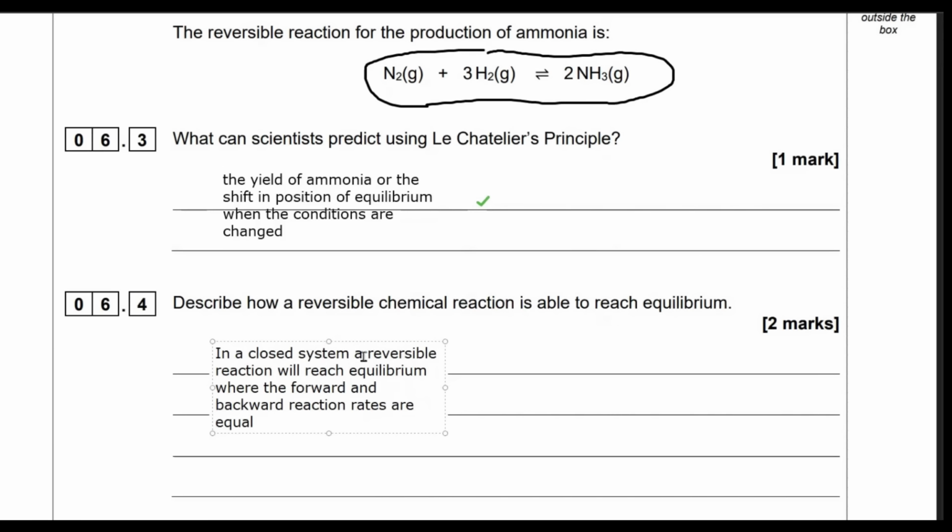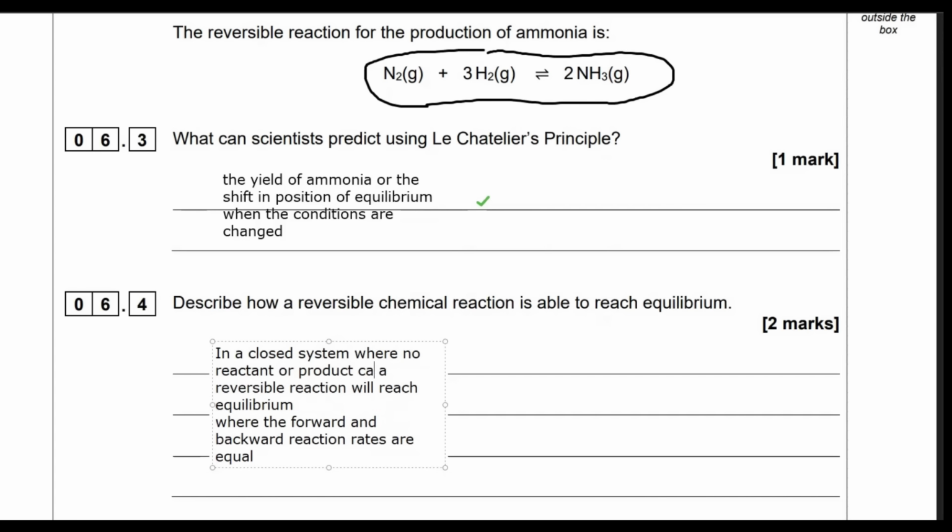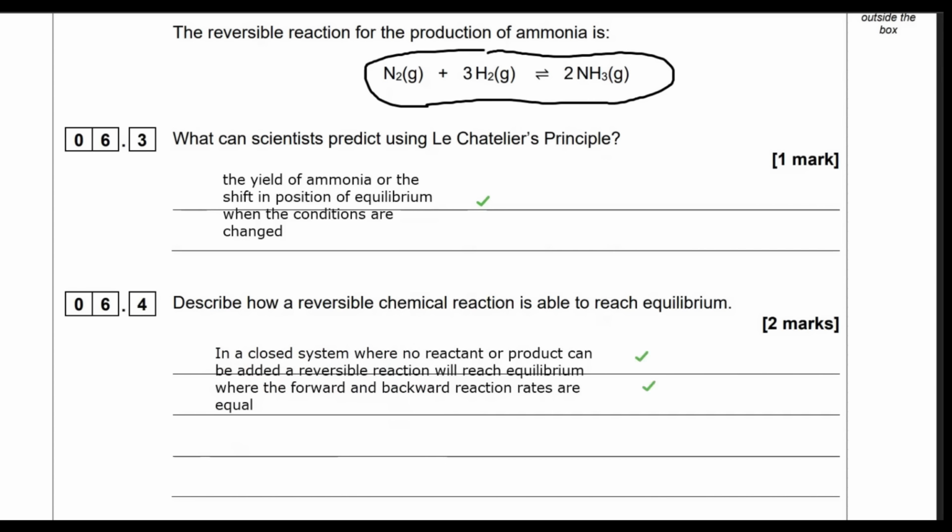So you have to be in a closed system where no reactant or product can be added. So that's what a closed system is, a beaker with a lid on, basically. That's going to get us our marks. Now let's carry on.